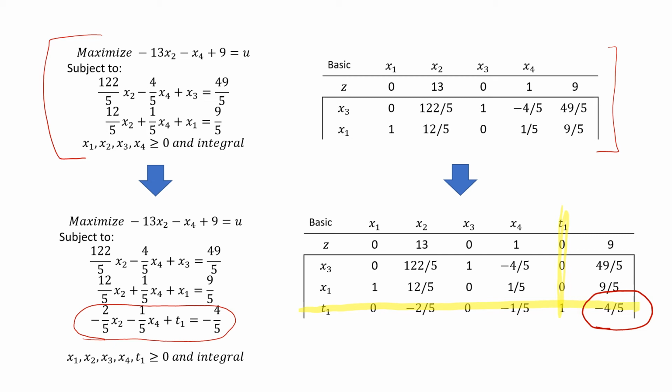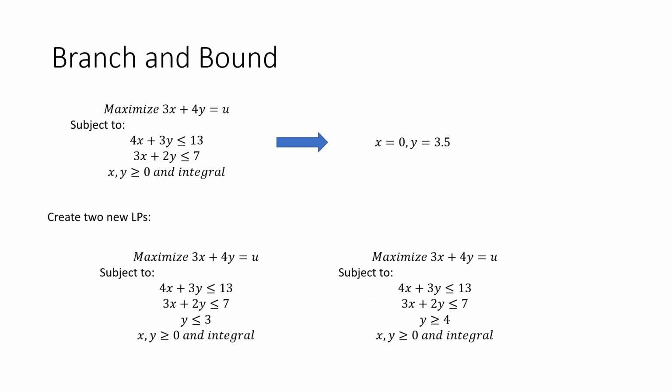Use the dual simplex method now to solve the linear program with the new constraint, and then see if that solution now has non-integer values. You do the same thing again. You put on another cut.